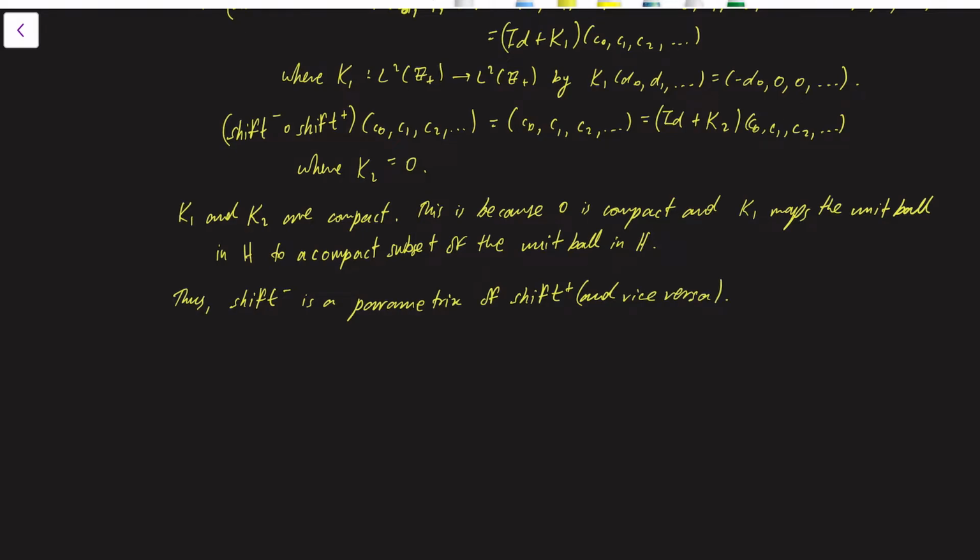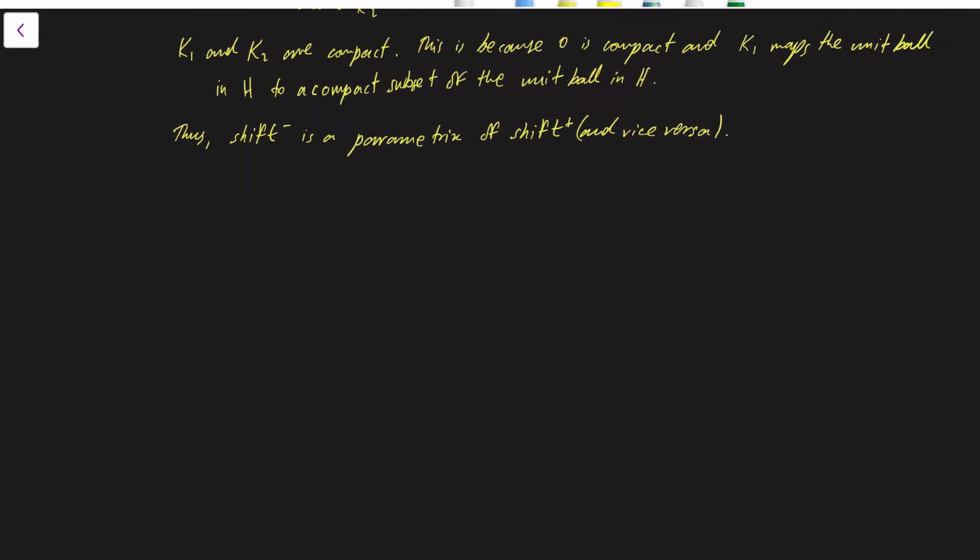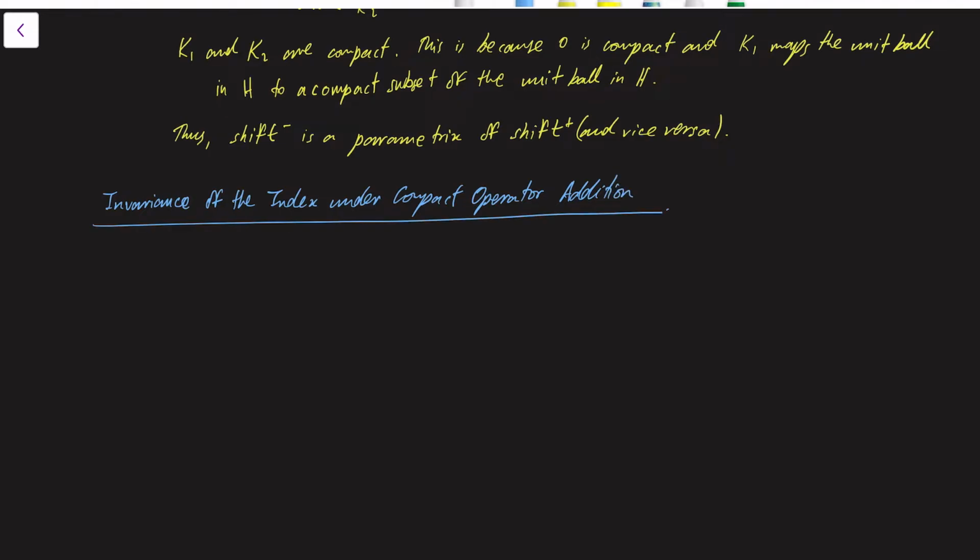Great. Now we can use Atkinson's theorem to further investigate the invariant properties of the index. In particular, we're going to study the invariance of the index under addition by compact operators. Last time we saw that the identity plus a compact operator, that operator's index was 0.